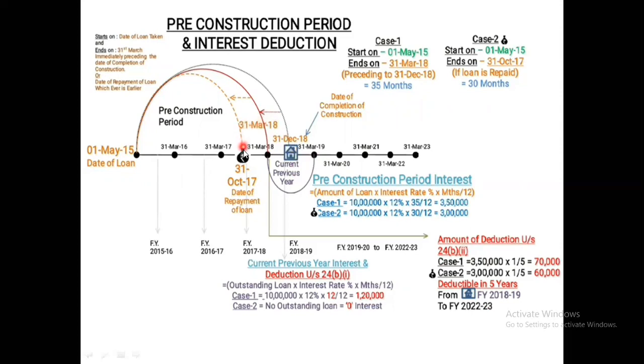Since the loan was already repaid prior to it, you will not be paying any interest during the current previous year, which is from April 1st, 2018 to 31st March 2019. Therefore, under case 2, there will not be any outstanding loan and the interest amount under section 24B clause 1 for case 2 will be nil.